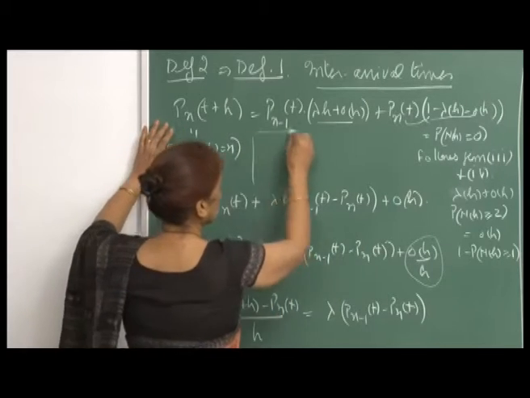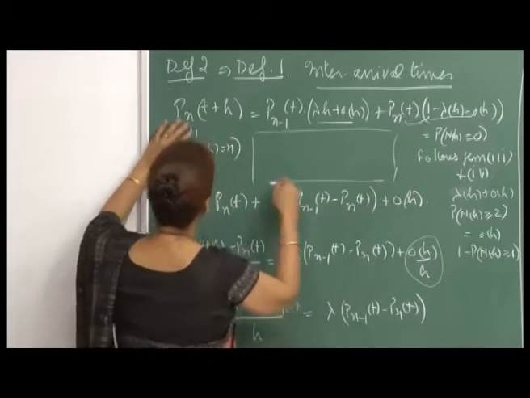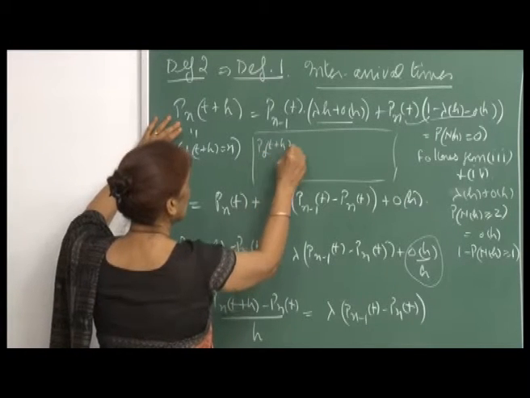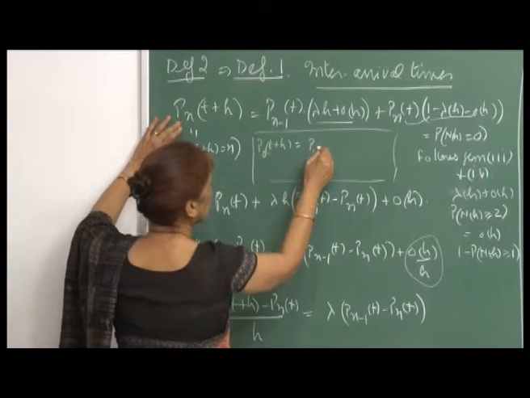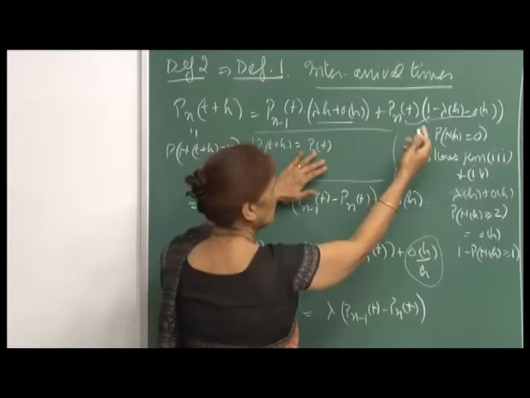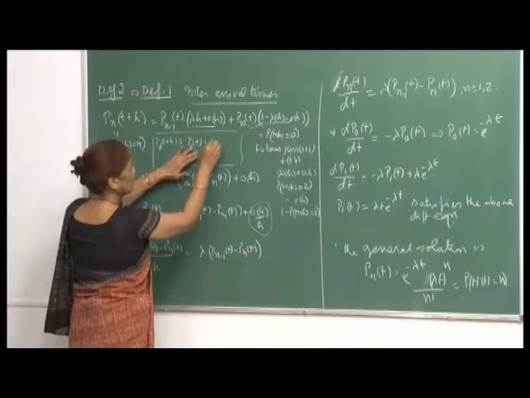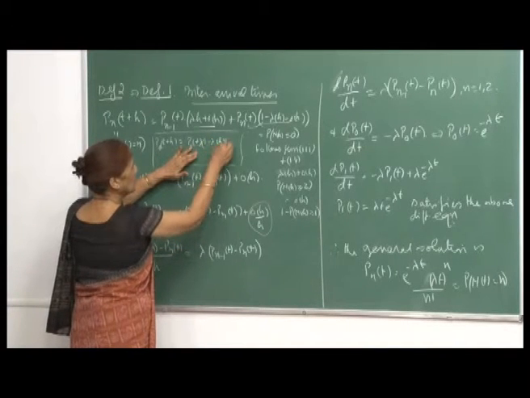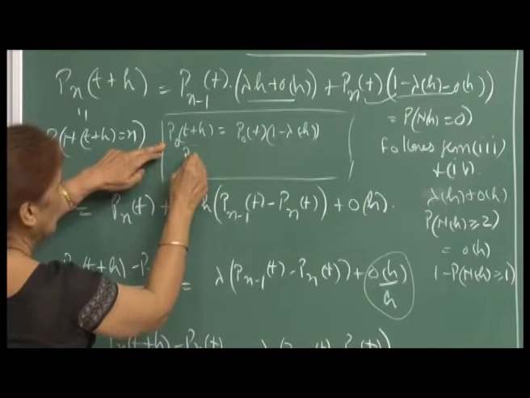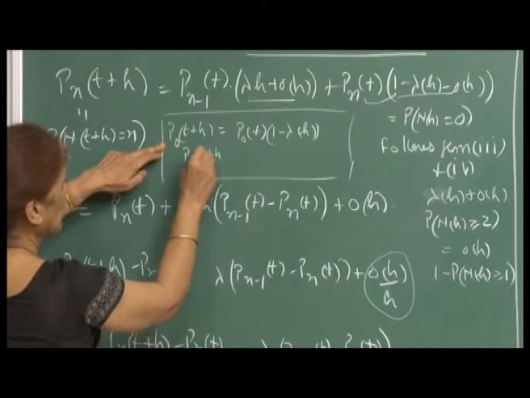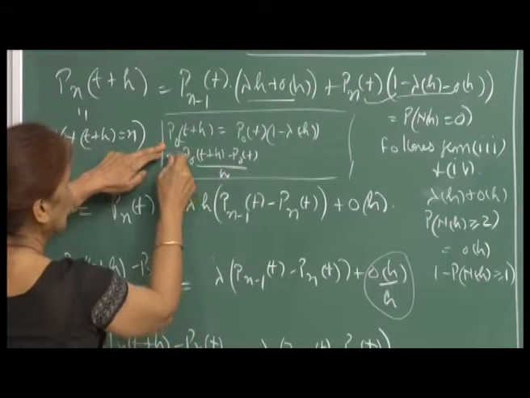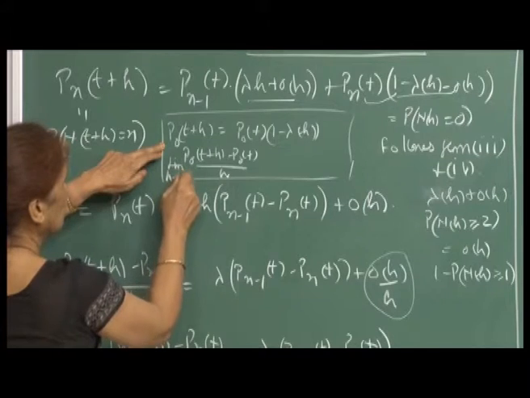P_0(t+h) is P_0(t), meaning no arrival up to time t and no arrival in the time interval, so times 1 minus lambda h. I can ignore the higher order term, because that will anyway go to 0. So this will be P_0(t+h) minus P_0(t), divided by h, and we take the limit of this as h goes to 0.